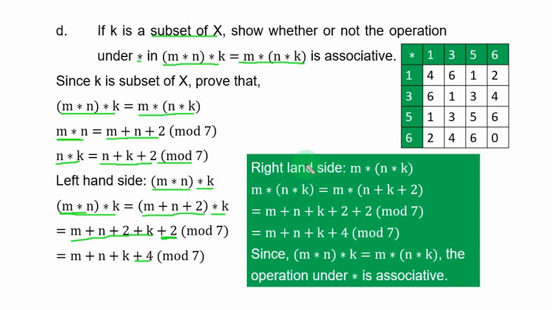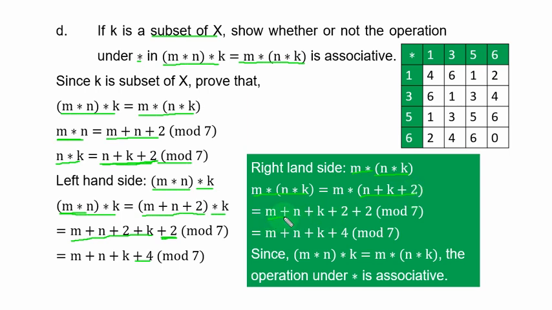You take the right hand side, that is m asterisk bracket open n asterisk k bracket close. So this is the same expression. Where we see n asterisk k, we use this expression to replace it. The operation is addition and the other constant 2 is added to it.